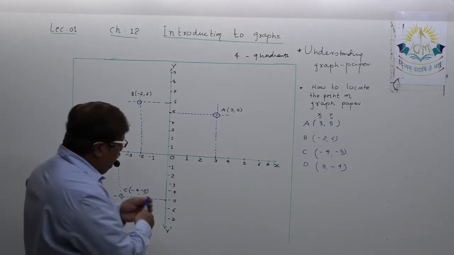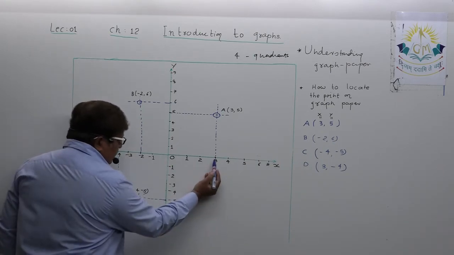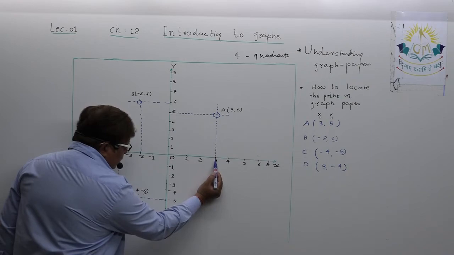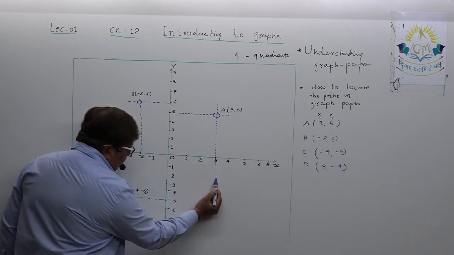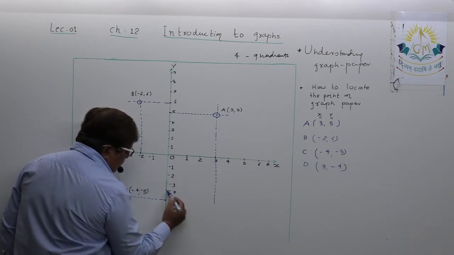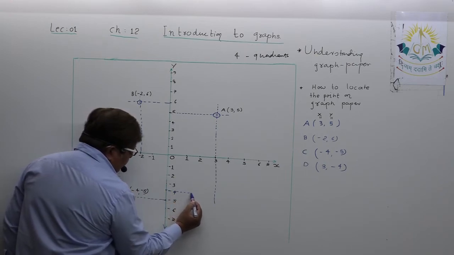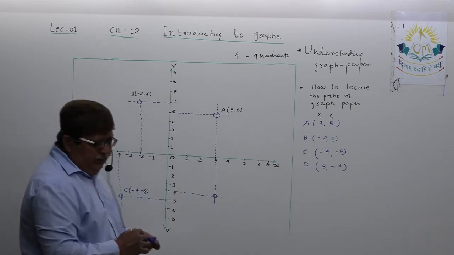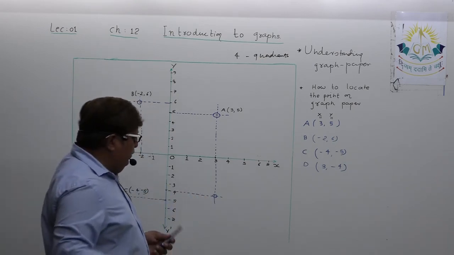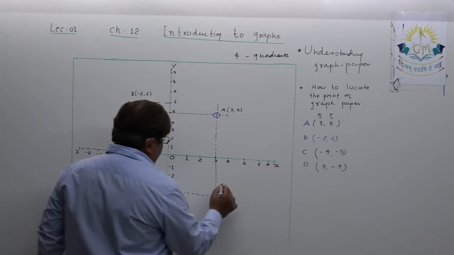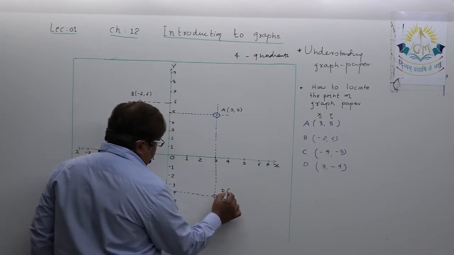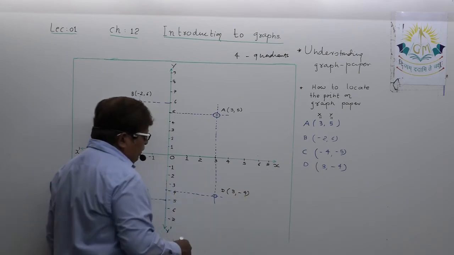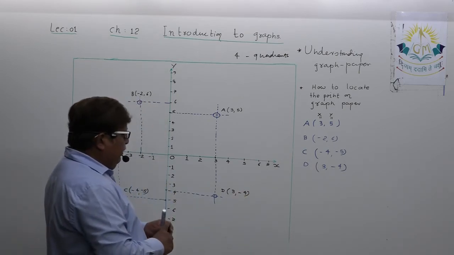This is very important for you to understand. X coordinate 3, y coordinate minus 4, one dotted line from x coordinate, one dotted line from y coordinate, both are intersecting here. So point D has been located on the coordinate plane with coordinate 3 comma minus 4.